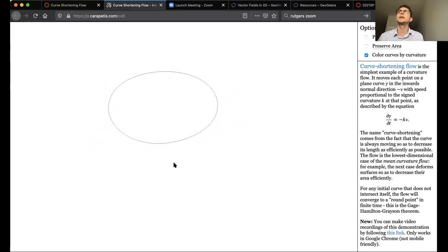So the point is that on curves, if you apply this rule of following the normal vector, you start getting from a horrible, ugly curve a prettier curve, which becomes more and more like a circle. Once it reaches a circle, it will try to collapse into a point, which is what you always see in this animation. With surfaces, you can do something similar.